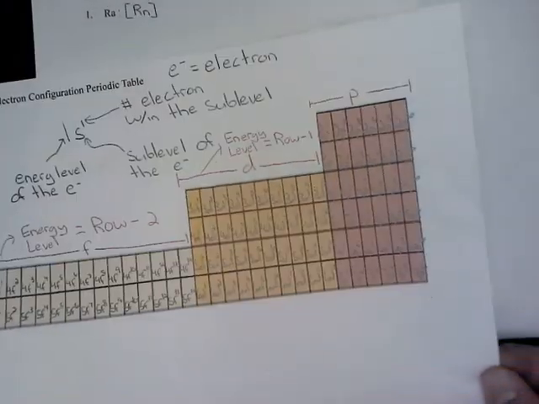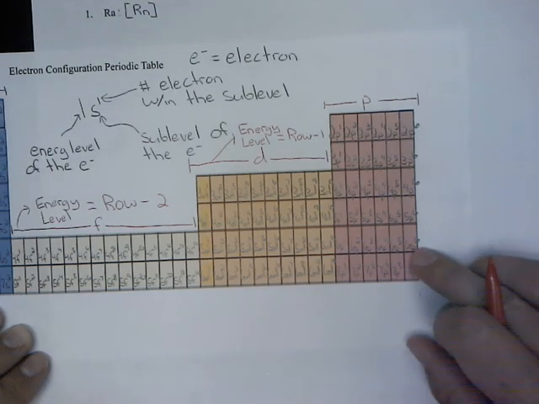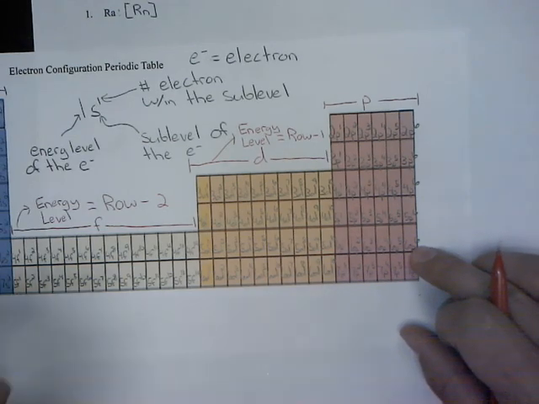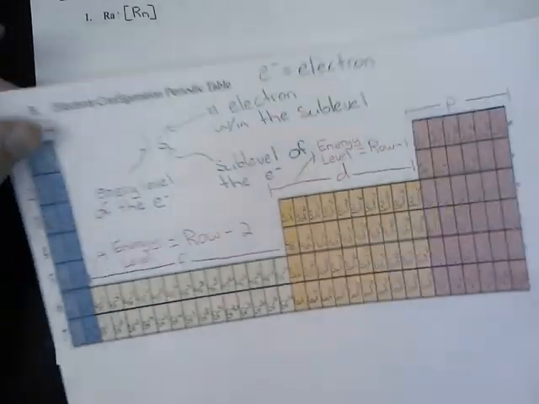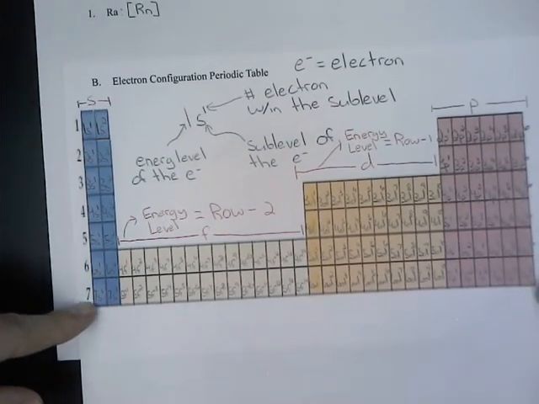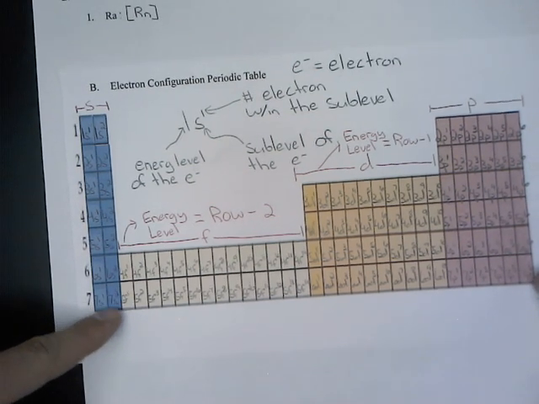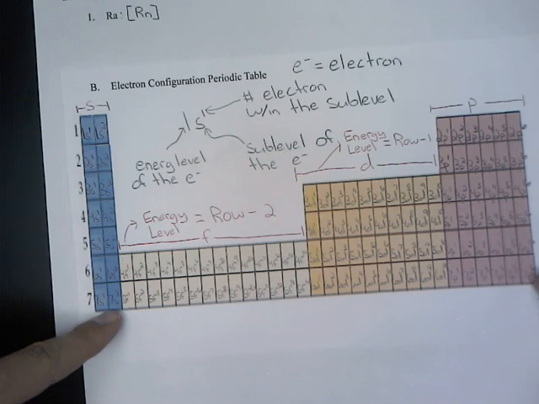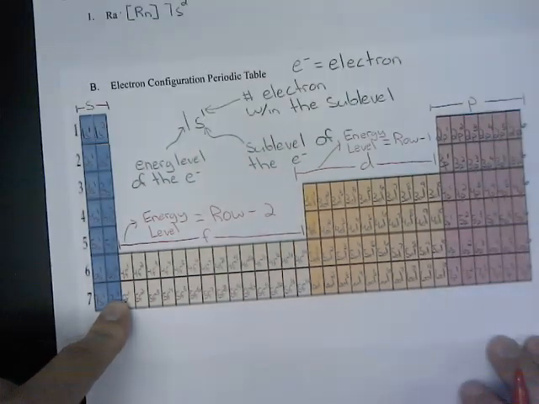Now what we do, we start by identifying radon, and it's like we've just written 6p6. We've gone through that. So we move to the next level, which is the 7s level, and we ask ourselves, is radium in 7s? Well, it is. It's the second box there. So all we need to do to write this down is put 7s2.